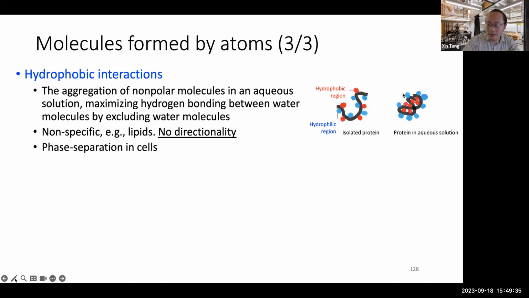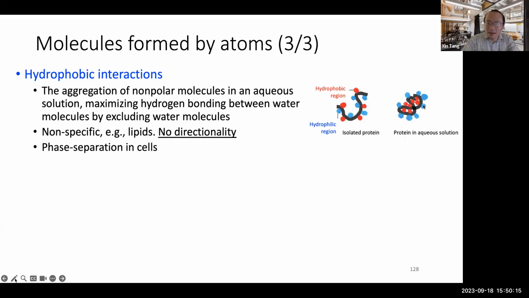This assembling process is driven by the hydrophobic interaction. The definition is the aggregation of nonpolar molecules. Usually nonpolar means hydrophobic, because the water molecule is polar. So nonpolar molecules in the aqueous solution aggregate to maximize the hydrogen bonds between the water molecules by excluding them. Okay, so that's the thermodynamic explanation of why the hydrophobic region will tend to stay in the middle.